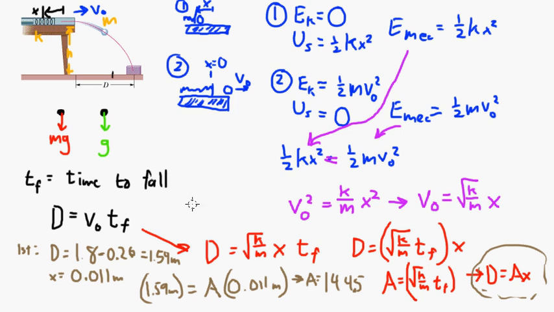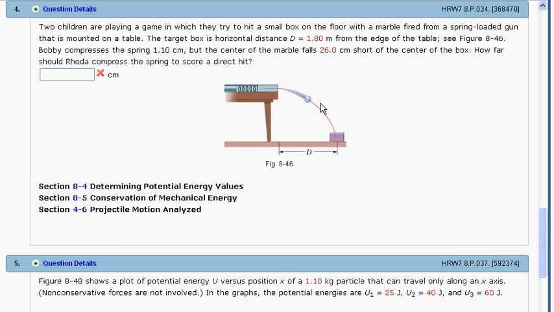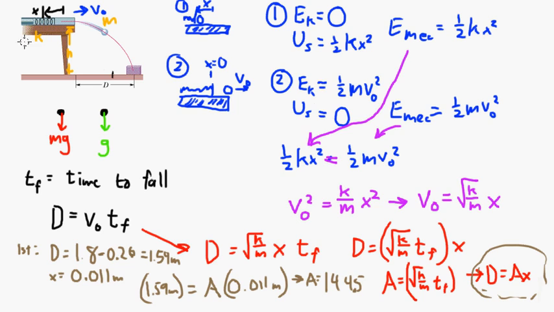Okay, so now for our actual attempt, where we want to get it in the cup, which is 1.80 meters away, we take d, so d equals ax. We know our a is 144.5.